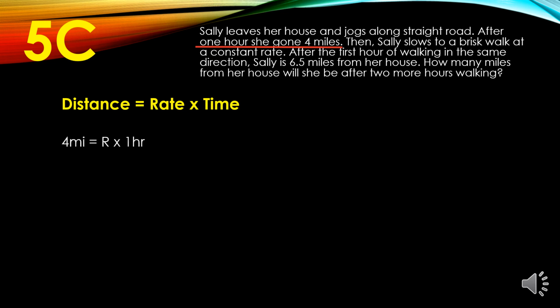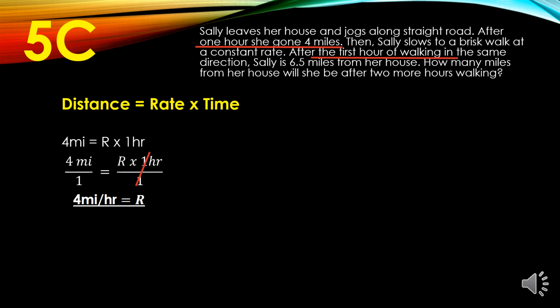So 4 miles equals rate times 1 hour. We divide both sides by 1 hour, and it will give you 4 miles per hour. So that's her rate, 4 miles per hour.